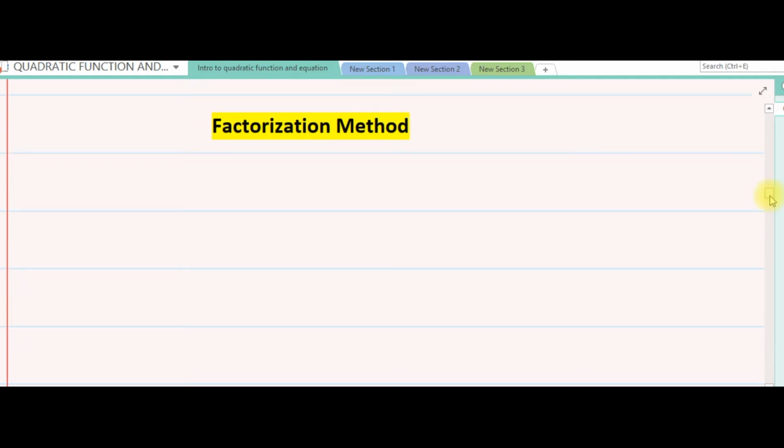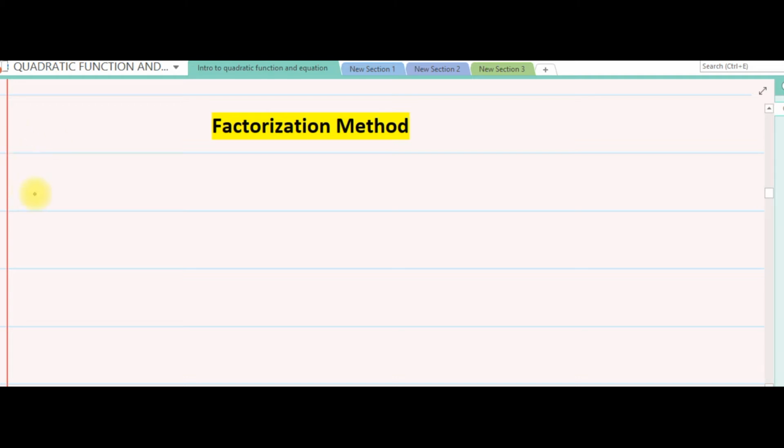We use the factorization method because not all quadratic equations can be solved using factorization. So you'll be wondering, when do you normally use the factorization method?